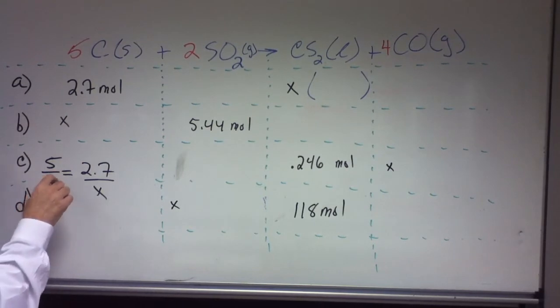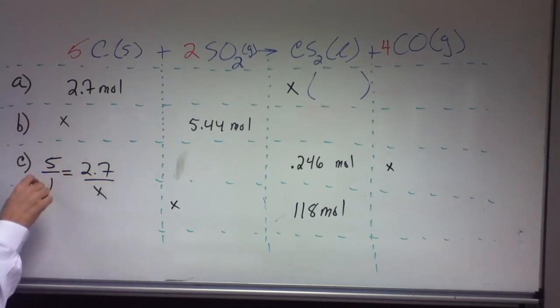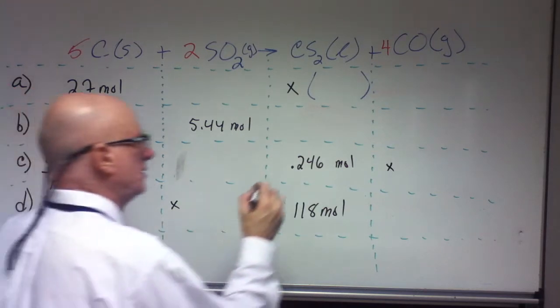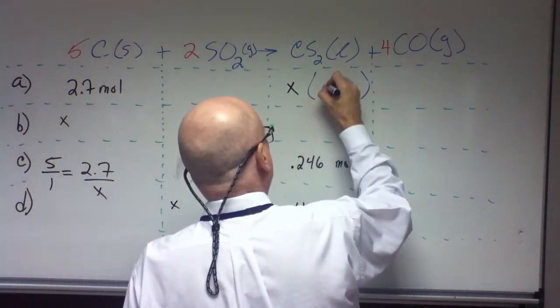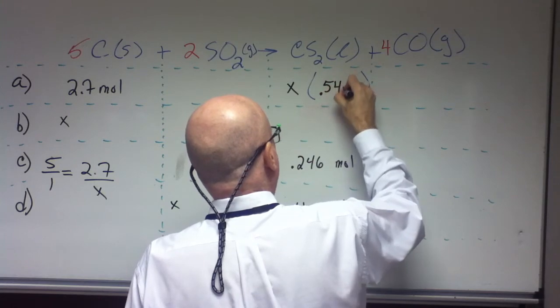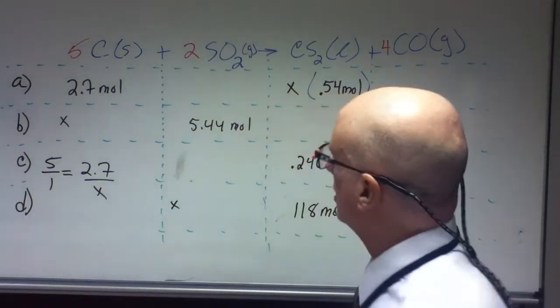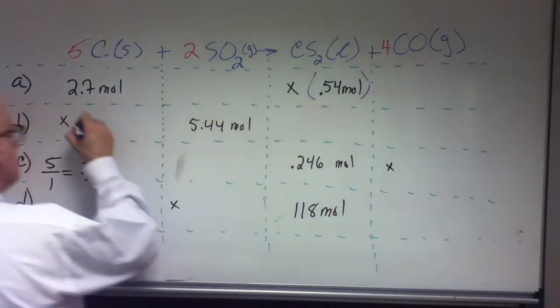Calculate this out: 2.7 times 1 divided by 5 is 0.54. This is 0.54 moles.